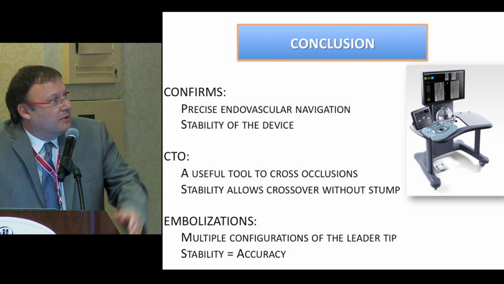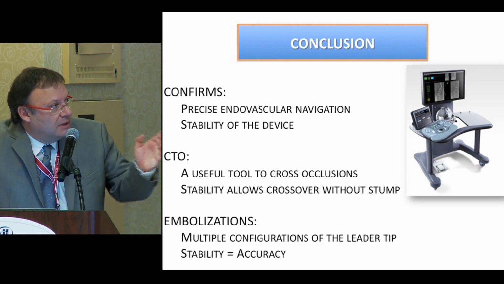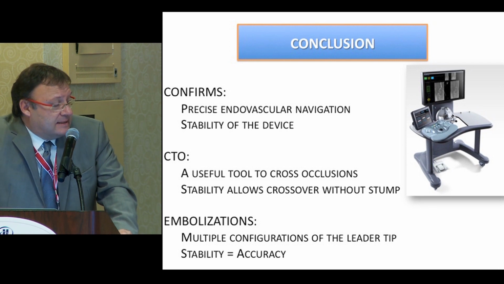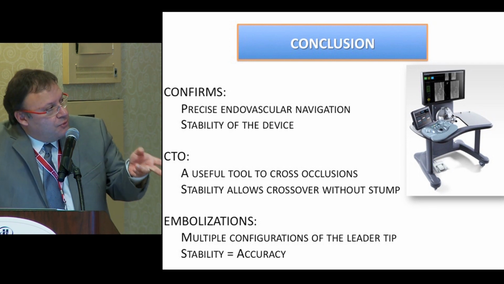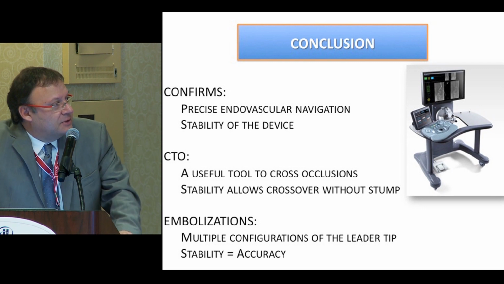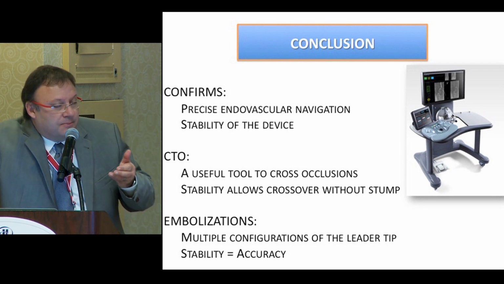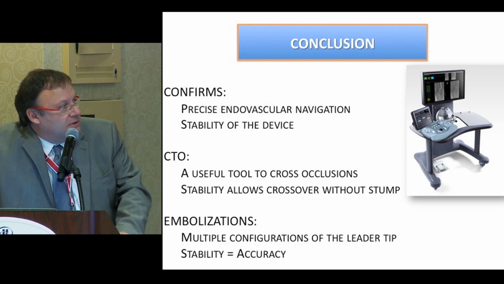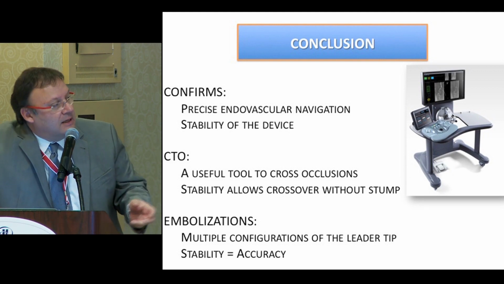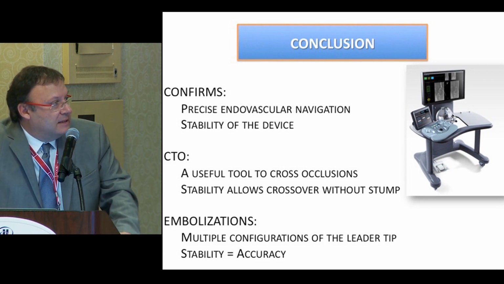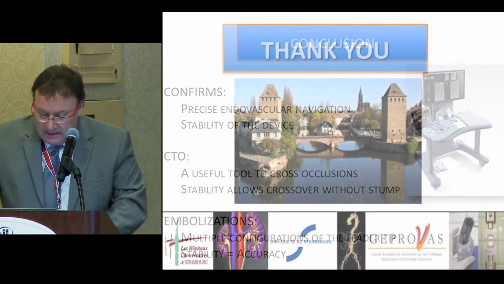We are starting a series of patients in this special indication. Concerning embolization, the capability to move the leader in the aneurysm can allow us to easily do different kinds of embolization, distal embolization, and the stability can also allow embolization using plugs at the ostium of the artery. Thank you very much.